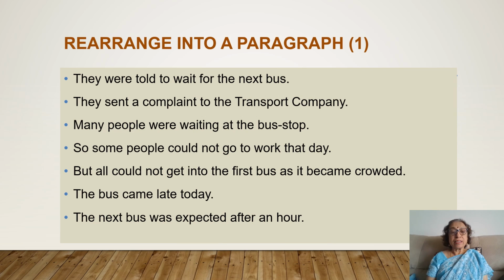Here we have the next exercise. Here the words are not jumbled, they are not put out of order. The order of the sentences is put in a way which does not make sense. You have to arrange the sentences in such a way that they form a single unit of meaning, and that is what we call a paragraph.